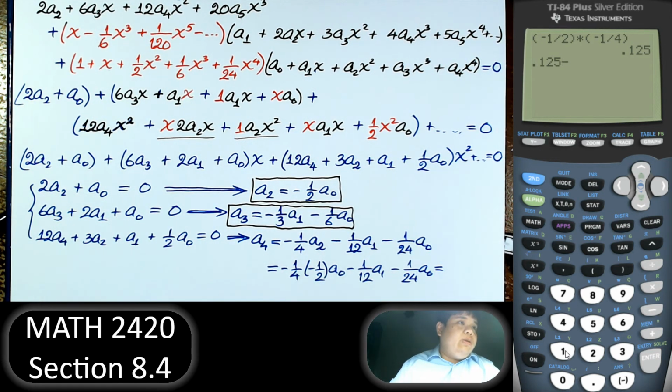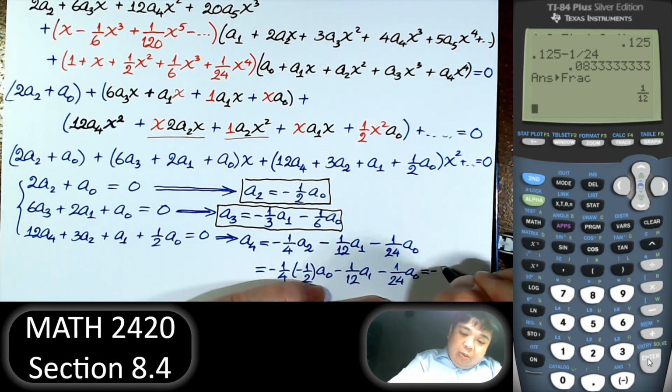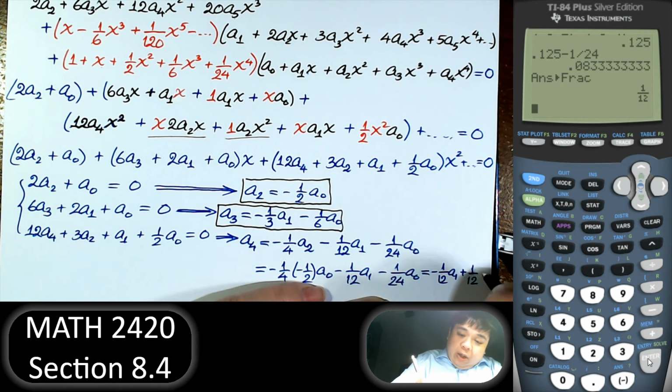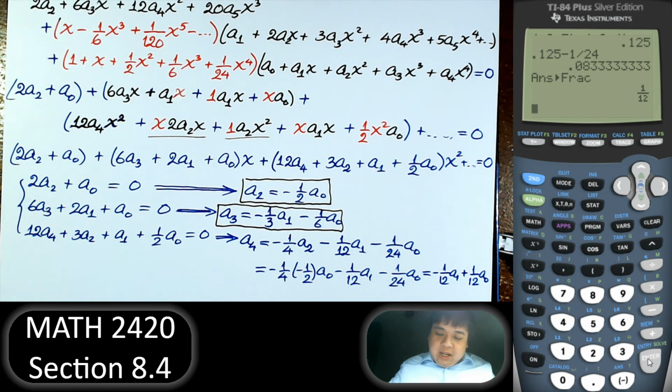Subtract 1/24 and change that to fraction 1/12, positive 1/12. So negative 1/12 a1 plus 1/12 a naught. So that is a4.